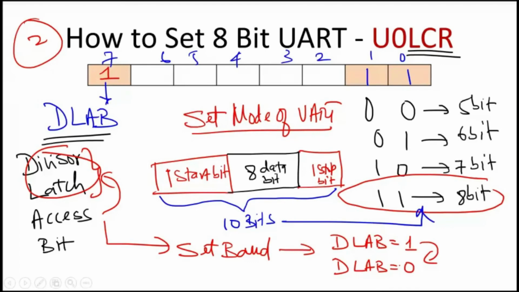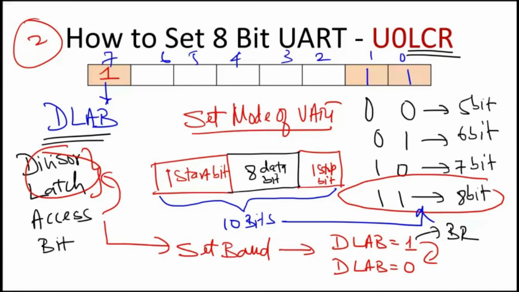So there are two crucial registers in LPC2148, one register for transmit and one register for receive. Those registers you cannot play with if you put DLAB equal to 1. So DLAB has to be 0 in order to access information from the UART registers. So DLAB equal to 1 we initially put for baud rate setting. Once the baud rate setting is done, make it 0 so that you can play with the UART registers.